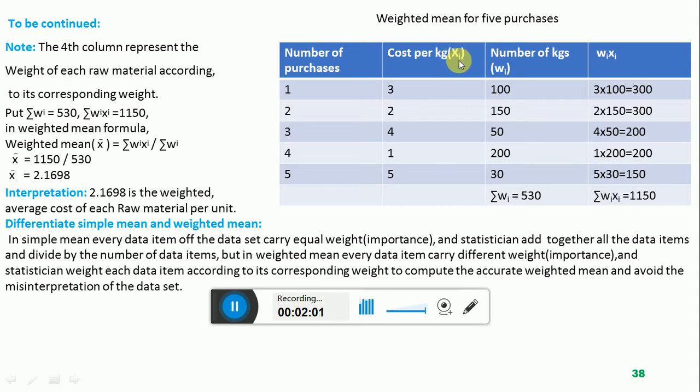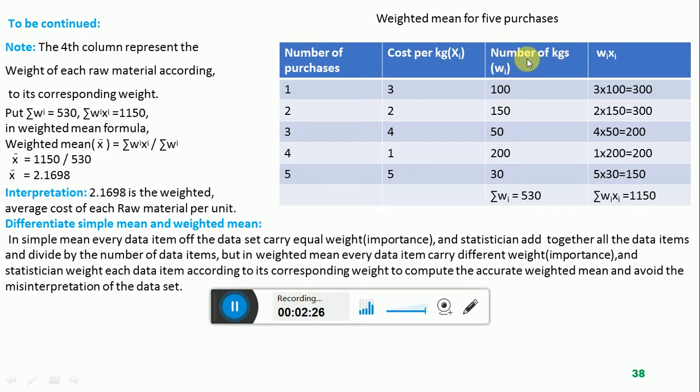If i is 3, X3 represents that $4 is the per kg price of the third raw material. If i is 4, X4 defines that $1 is the per kg cost of the fourth raw material, and 5 represents the per kg price of the fifth raw material.